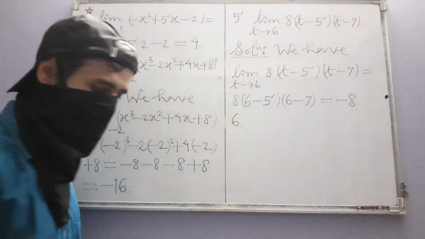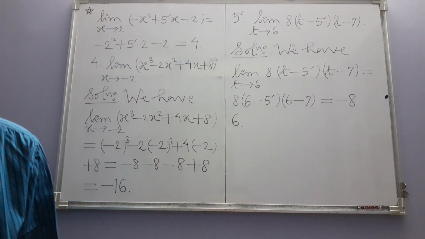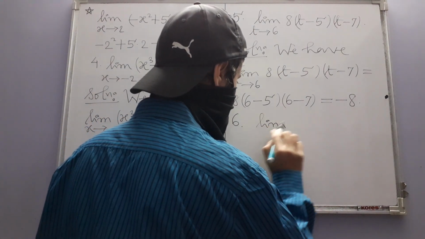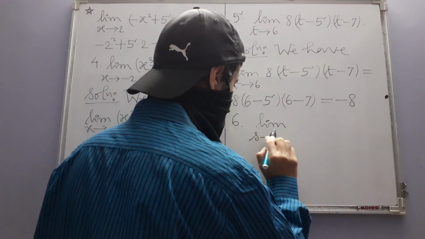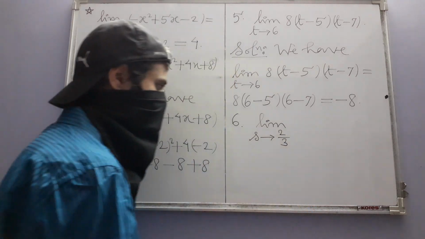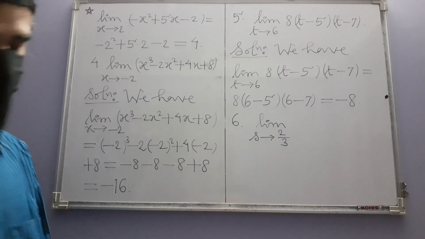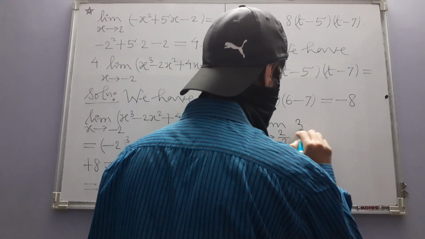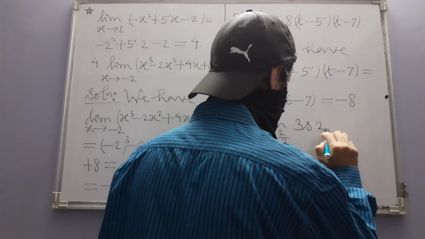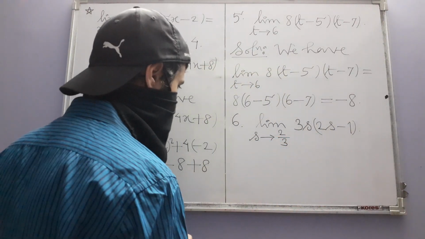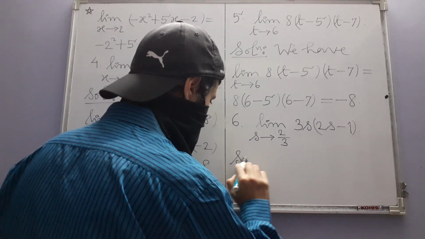Then 6. The sixth one is limit as s tends to 2 over 3 of 3s times 2s minus 1. Here also the function is a polynomial in s.